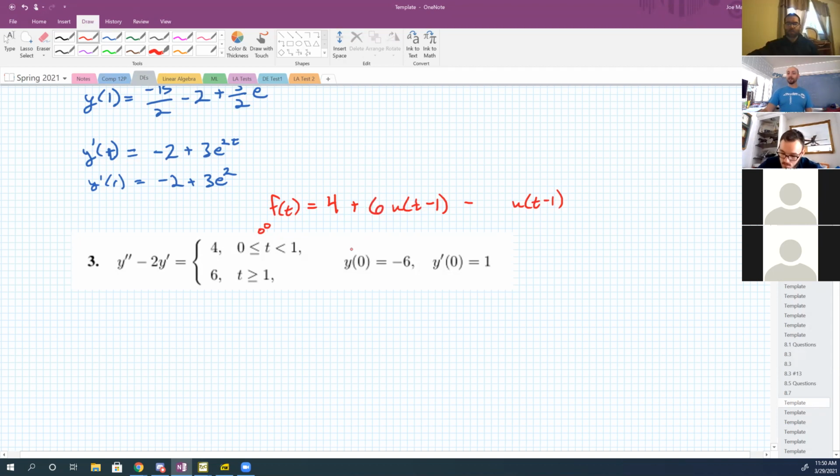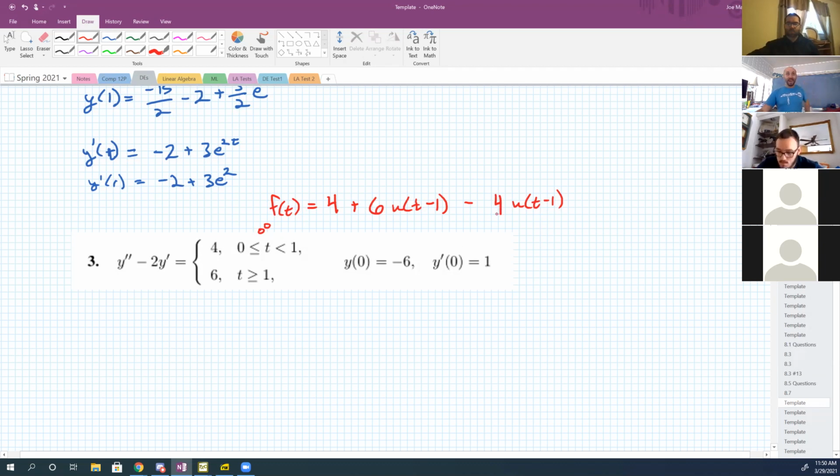Now, this is a little bit like going in and out of rooms with a parent who's super concerned about electricity use. So if you go into the 6 room, before you go into the 6 room, you have to turn off the lights in the 4 room. So this is me turning off the lights. Right, so I'm going to turn 6 on and I'm going to turn 4 off.